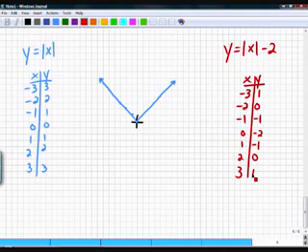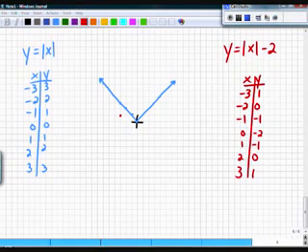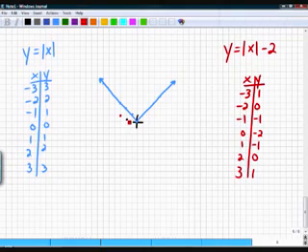Let's graph this. Negative 3, 1. Okay, your second point is negative 2, 0, so you go left 2 and go up 0. The third point, negative 1, negative 1.